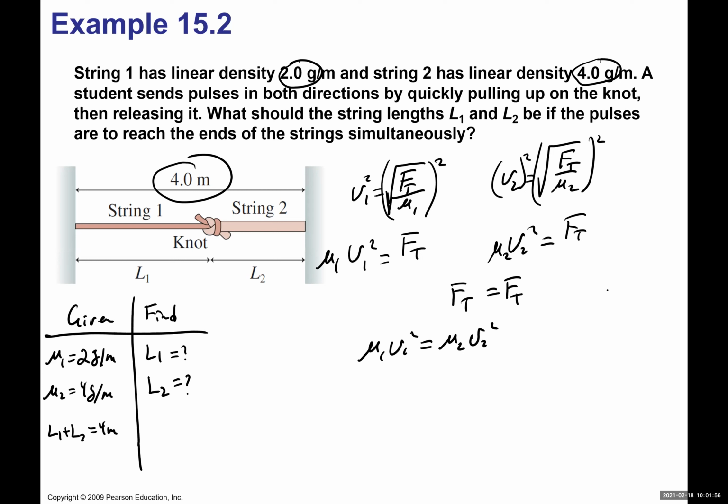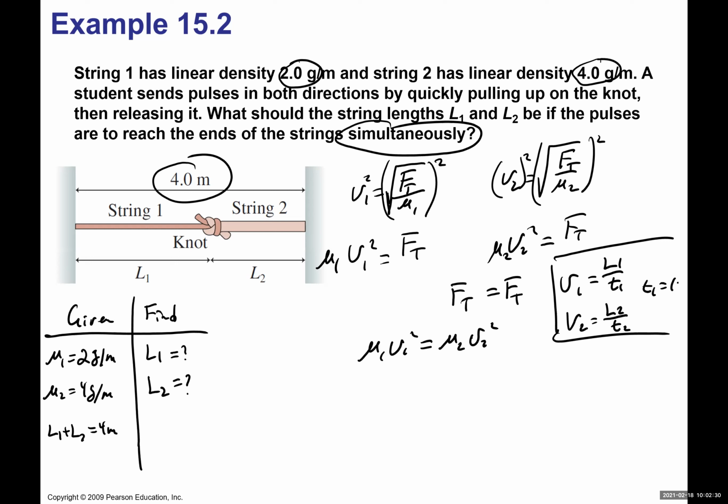Now, if we go back, we can see that we're not given any information about speed. I have mu1 and mu2, but I don't have any information about the speed. But I know one thing: what is speed? It's distance over time. So v1 equals the distance it covers, L1, over the time T1. v2 equals the distance it covers over the time T2. But we know that they get there simultaneously, which means T1 equals T2.